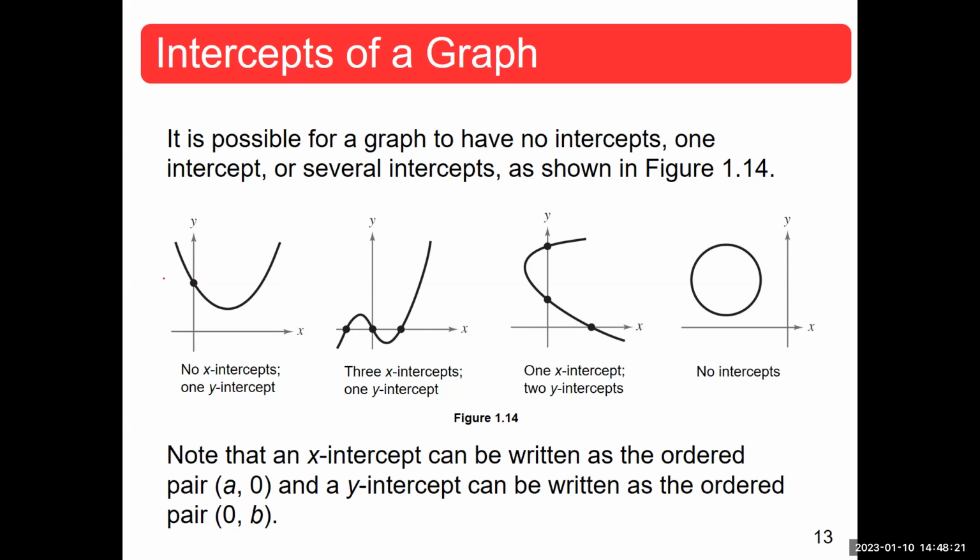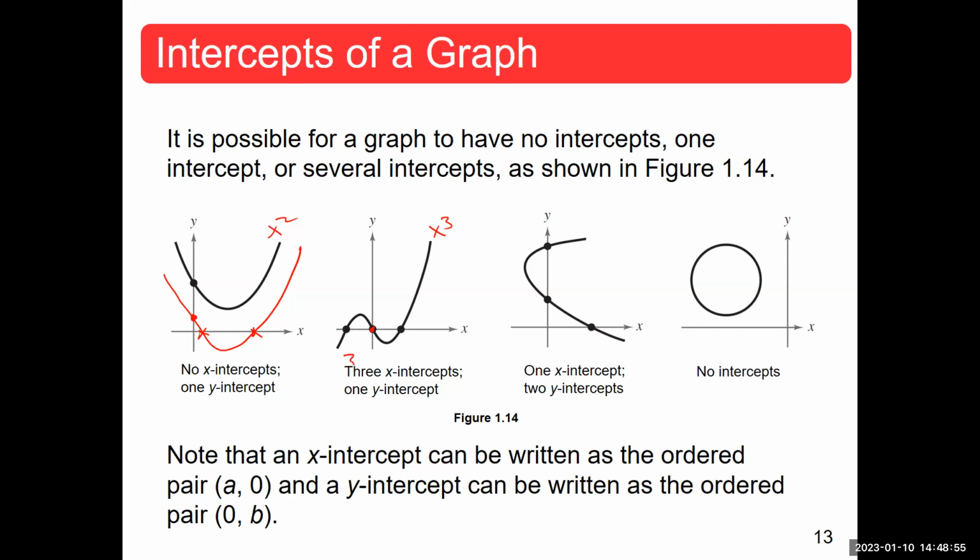However, if I move this down, it's still going to have one y, but have 2 x. So it depends. This one is a cubic, kind of like x squared, x cubed type. Now, this one has 1 on y, and the same one on x because of the 0, 0 location.